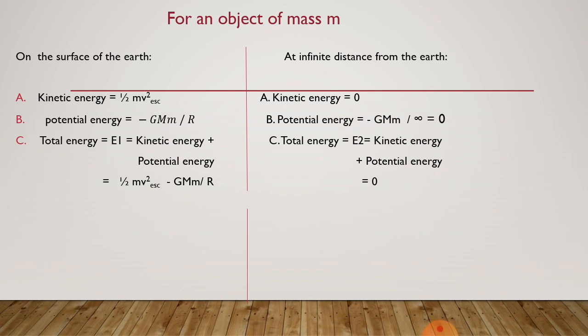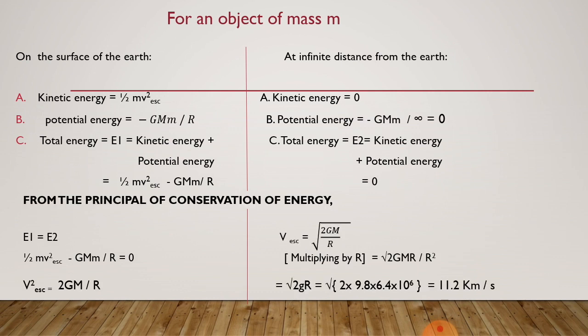So the total energy E2 is kinetic energy plus potential energy, which is 0. From the principle of conservation of energy, energy is neither created nor destroyed, but transformed from one form to another. E1 is equal to E2, so half m v square minus G M m divided by R is equal to 0.